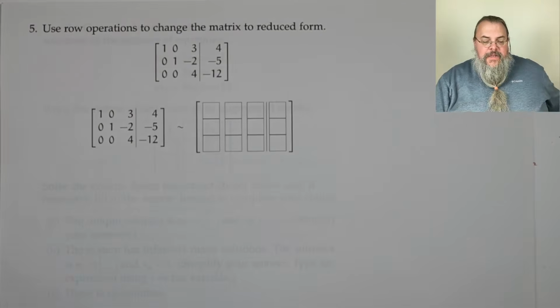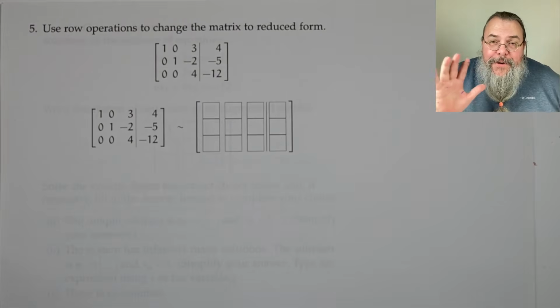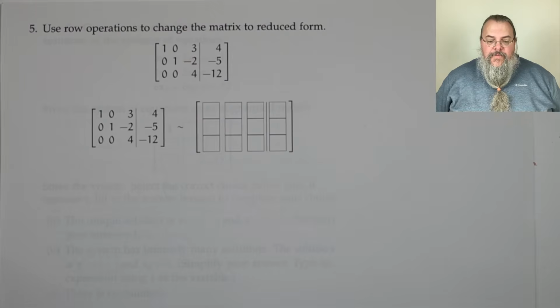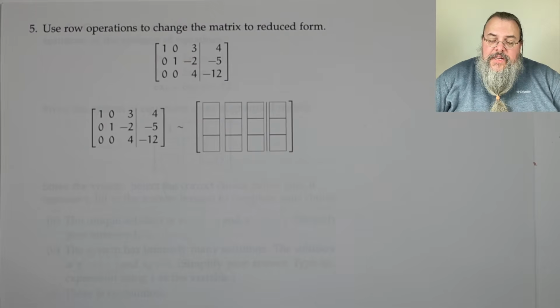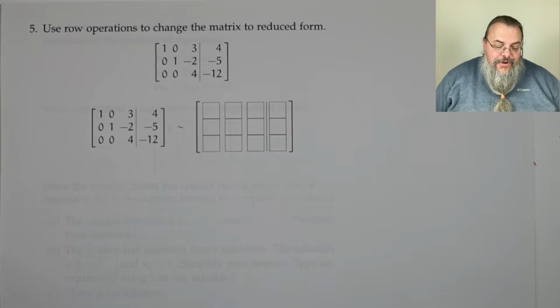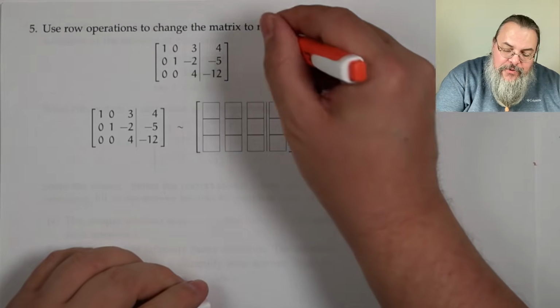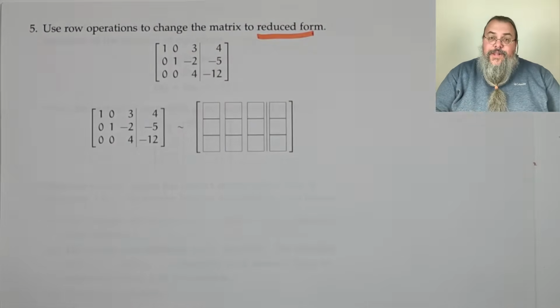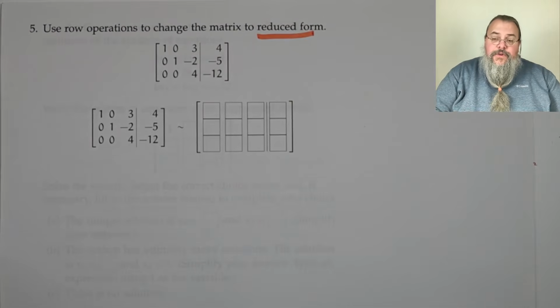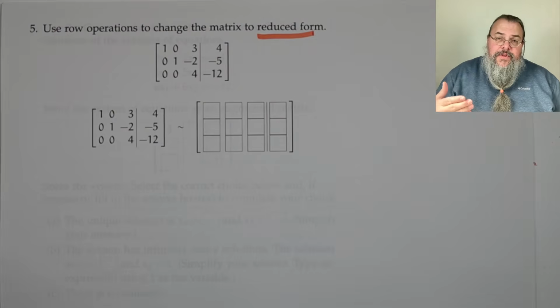All right, on to number 5. Use row operations to change the matrix to reduced form. Okay, so it'll help if we know what reduced form is. Reduced form has a couple of requirements.